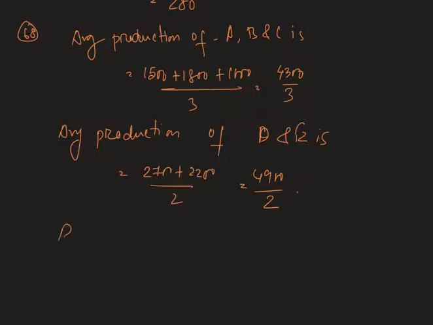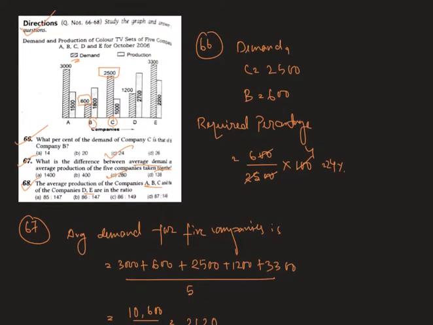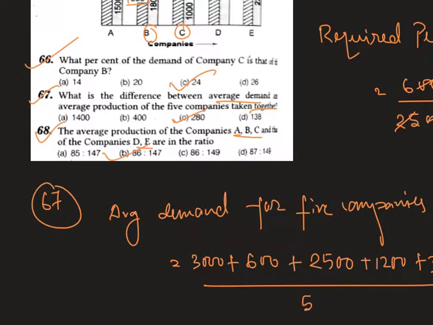So the ratio is 4300 by 3 divided by 2 into 4900. So this results in 430 divided by 735, and that is equal to 86 is to 147. Hence option B is the correct answer.